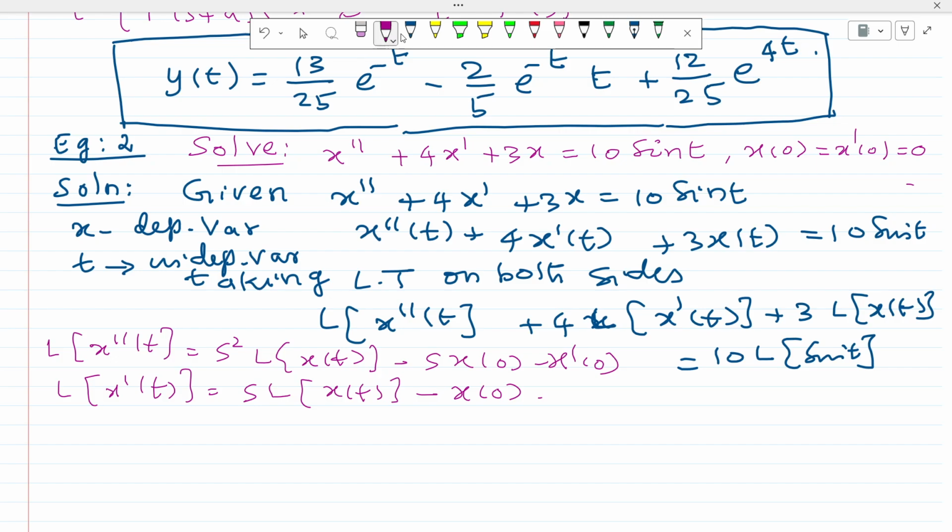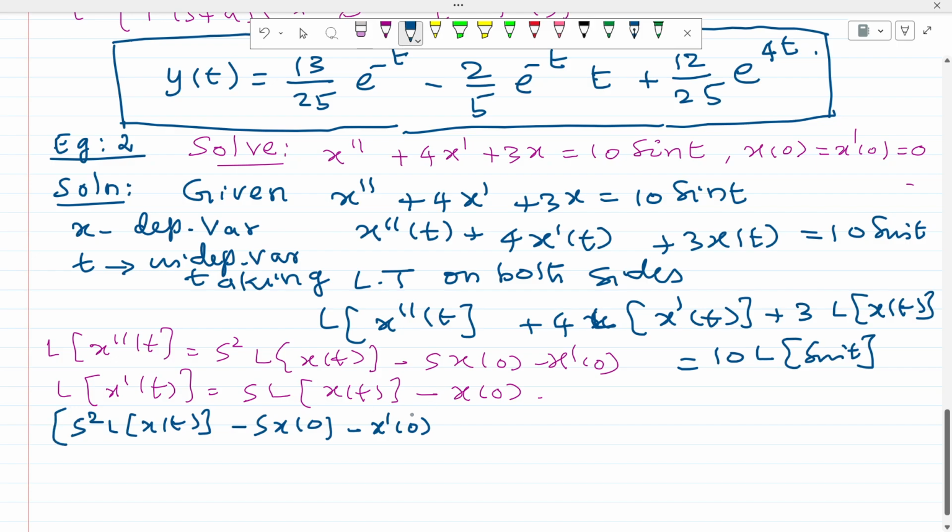What is the first term here? s square L of x of t minus s into x of 0 minus x dash of 0.